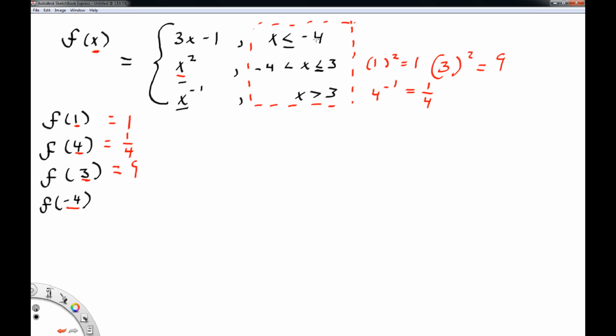So these are going to be less than or equal to negative 4 or greater than or equal to negative 4. We'll just go ahead and say it's here. So at negative 4, you're going to have 3 times negative 4, minus 1. So it's negative 12 plus a negative 1, which is equal to negative 13.